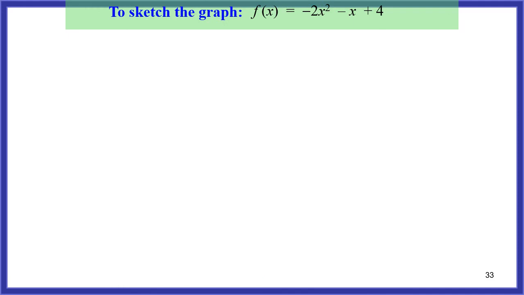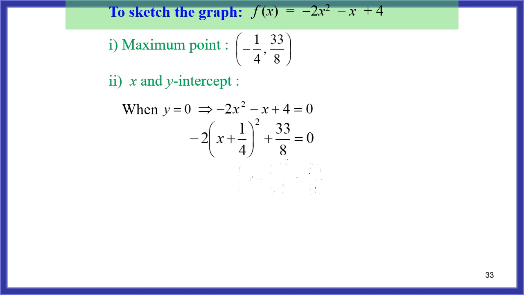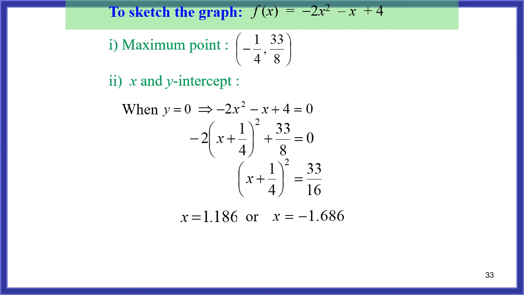To sketch the graph, the maximum point we know already: (negative 1 over 4, 33 over 8). And find all the x and y intercepts. When y equal to 0, we have x equal to 1.186 and x equal to negative 1.686. And when x equal to 0, y equal to 4.